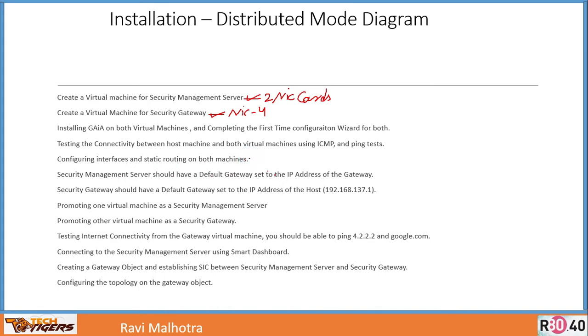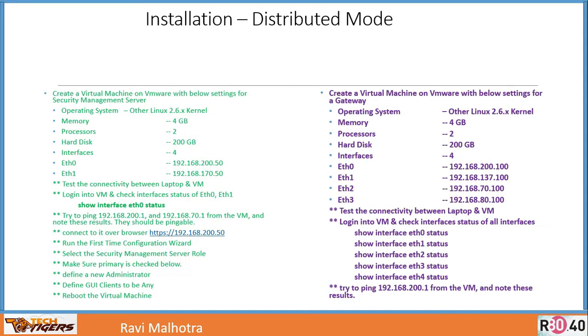Security management server should have a default gateway to the IP address of the gateway so that it should be able to access internet. Security gateway should have a default gateway to the IP address 137.1, which is actually a router in my diagram, and I will promote one virtual machine as a security management server. So that's all, guys. That's the diagram that we will follow.